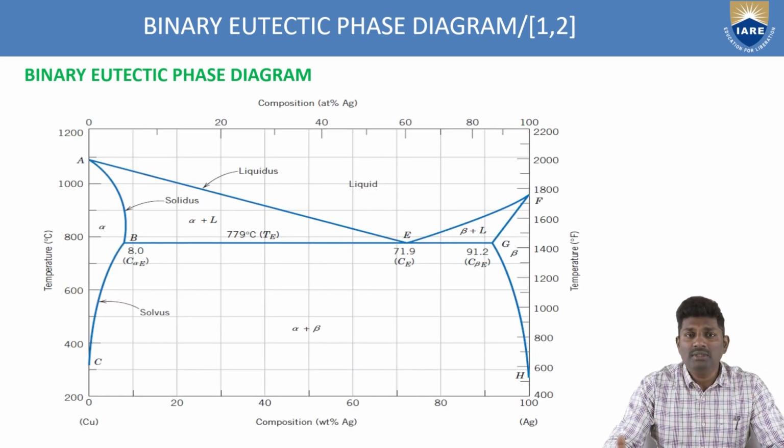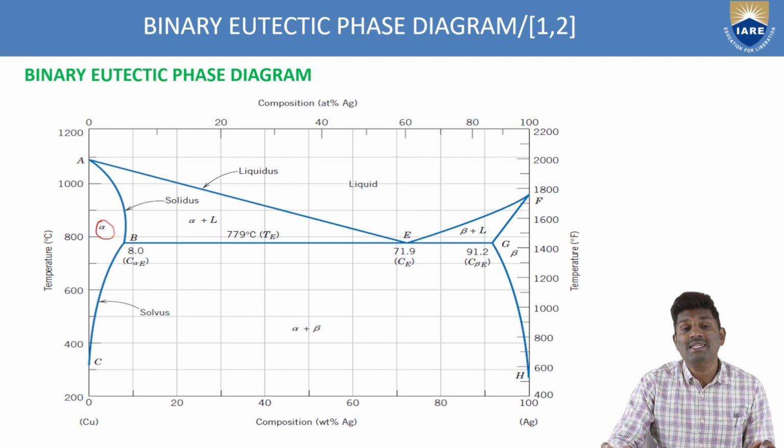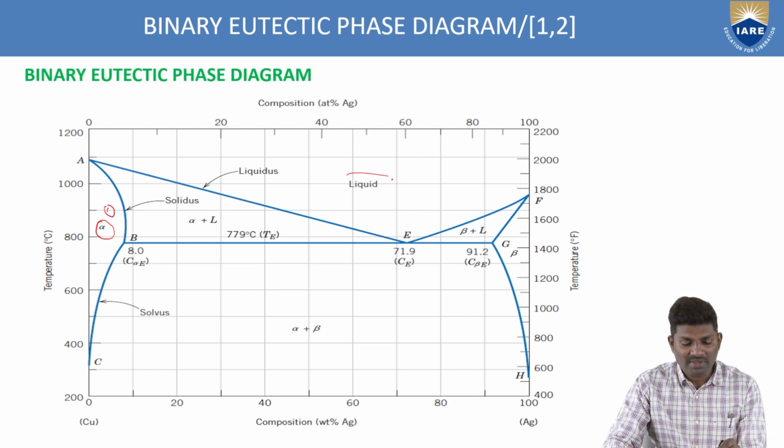This is how the copper silver binary eutectic phase diagram is represented. Here you can see clearly that in this zone we have the alpha region, which is a single phase. Wherever you find these single notations, it represents a single phase region. So alpha is one, the liquid is the second, and the beta is the third.